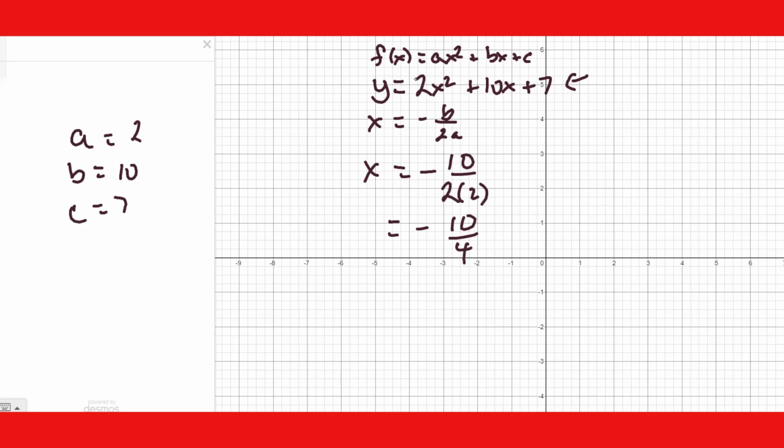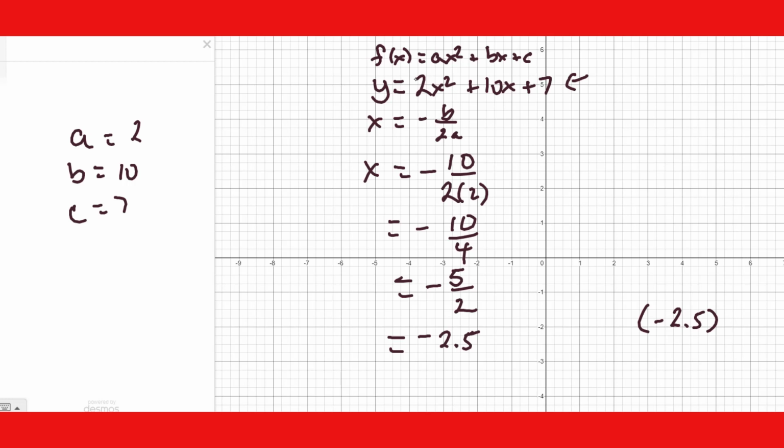We can reduce that: 2 goes into 10 5 times, so we've got about 2.5, so equal to negative 2.5. All right, so we've got an x value of negative 2.5.